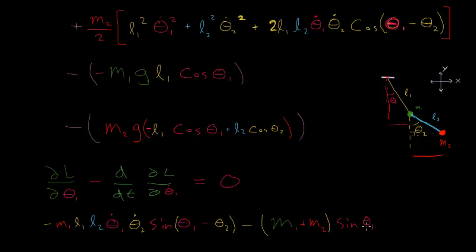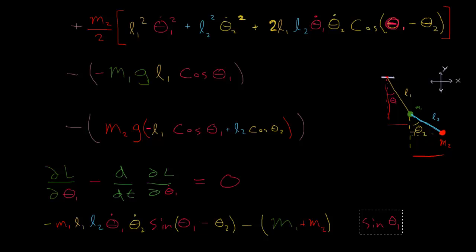There's a negative out here, m1, m2, and I forgot the g and the L1 that appear in both of these terms. I'm doing these together to try to save time.